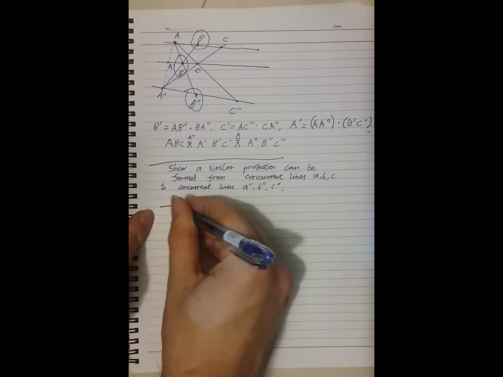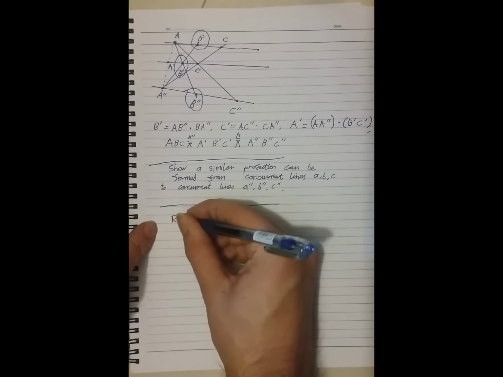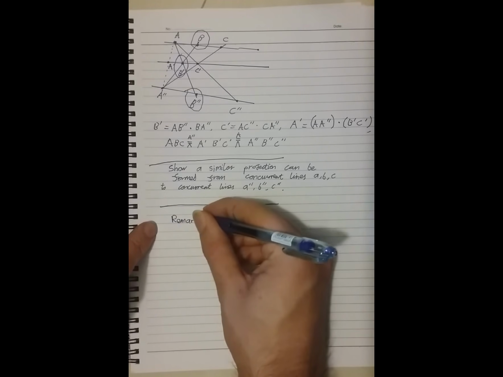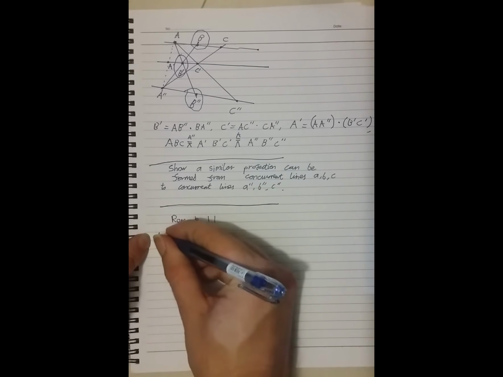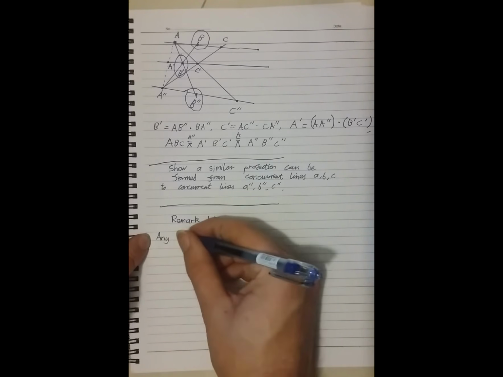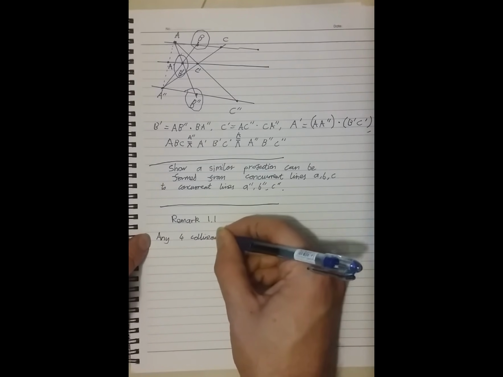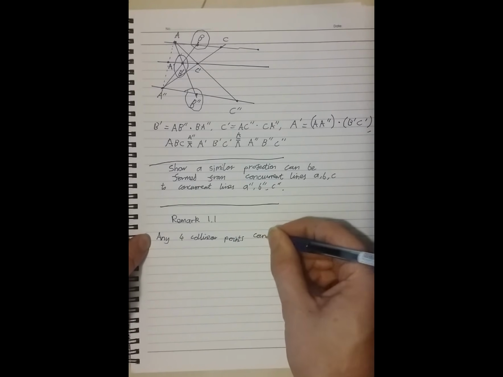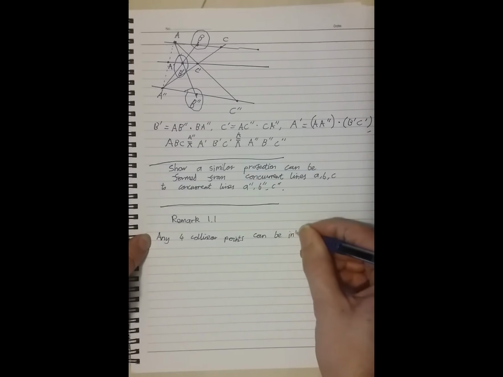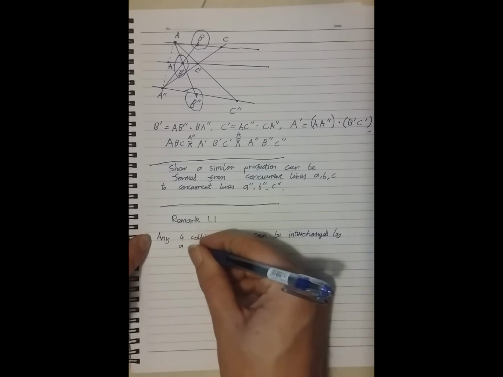Okay, so the final remark of the day, an important thing about projectivities. Suppose I should call it remark 1.1, is that any four collinear points can be interchanged by a projectivity.